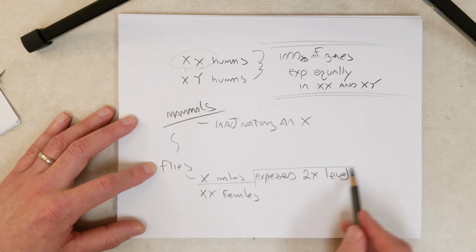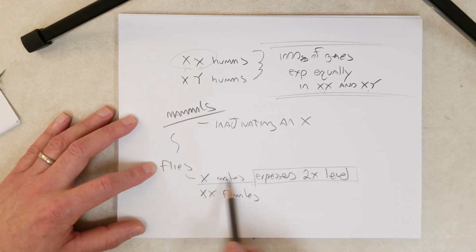So by using a mechanism that increases the expression of genes on the X chromosome to twice the level, males are able to achieve similar expression of X-linked genes as is seen in females.